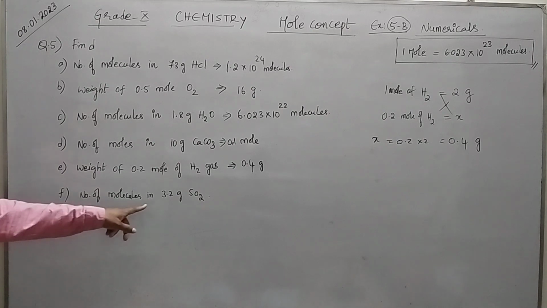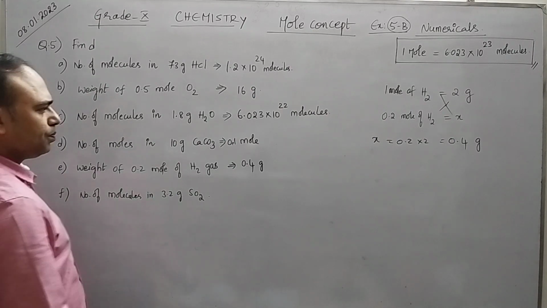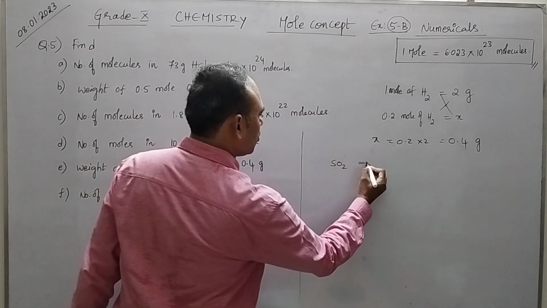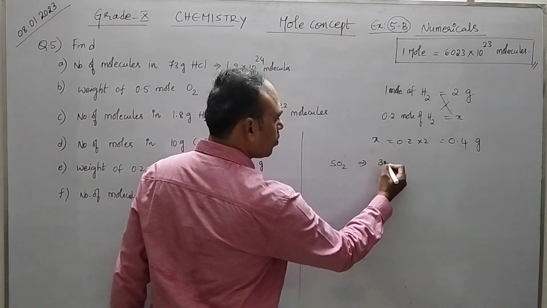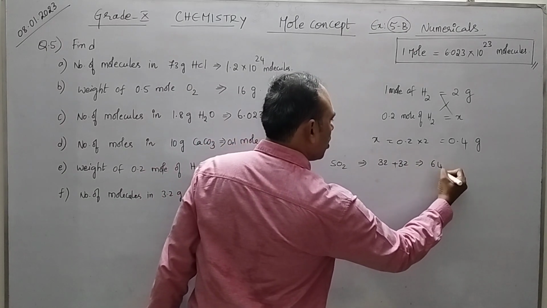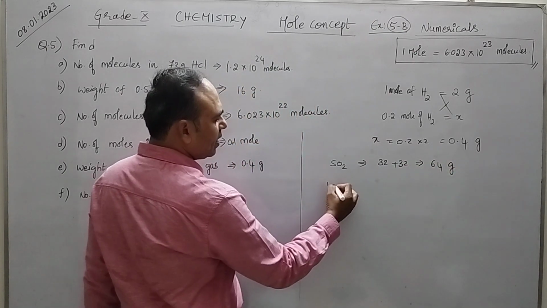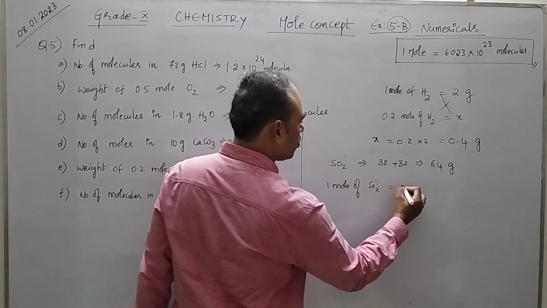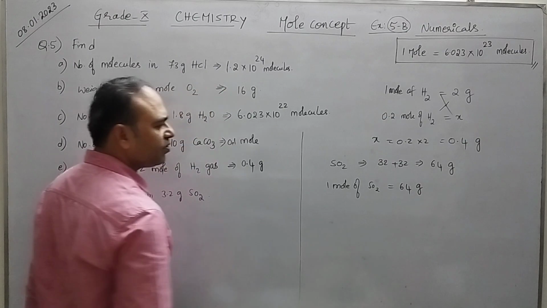Next, number of molecules in 3.2 grams of SO2. For that, let us calculate SO2: sulfur 32, oxygen 16 into 2, 32. You have 64 grams. We can write it as 1 mole of SO2 has a weight of 64 grams.